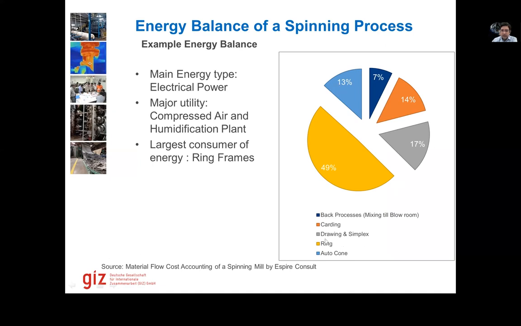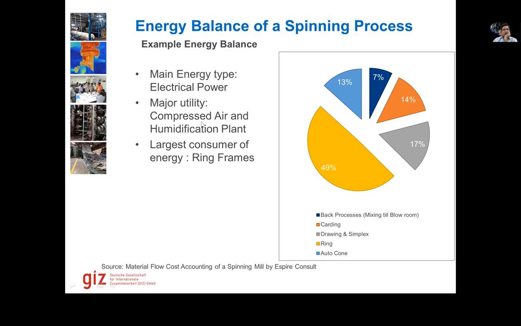Second largest are drawing and simplex, because there's a lot of mechanical energy going in to draw the yarn to make it longer. The carding process, which converts the cotton laps into cotton sliver, the cotton tubes, is also consuming 14% energy. The back processes, which we call the mixing processes and the blowing processes, are consuming the least energy in this case.